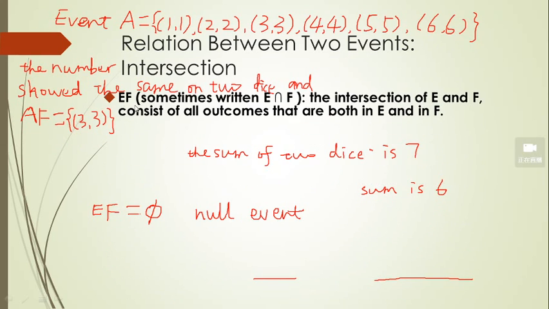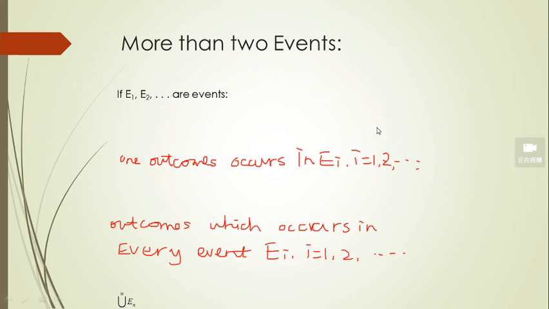You write EF or you read E and F. That is the set of outcomes that are both in E and in F. That is the relation between two events, union and intersection.